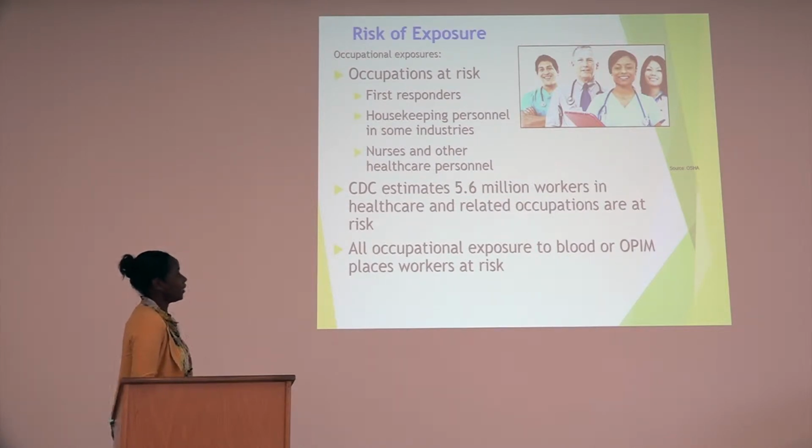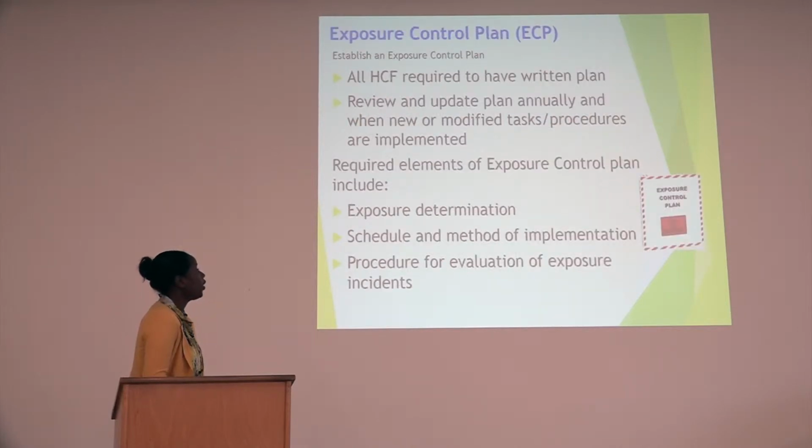The CDC estimates that 5.6 million workers in healthcare and related occupations are at risk. Therefore, it is very important that we go through this exposure control plan so that you know exactly what you need to do in the workplace to prevent the exposure.